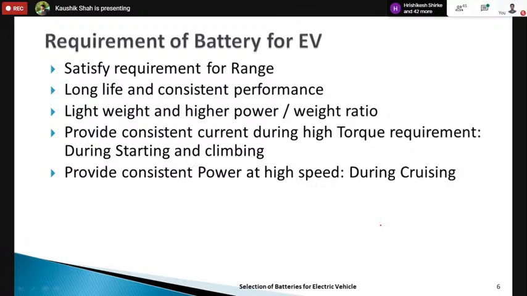Then provide consistent power. This is also there in the drives, and it is required back to back as a battery. The battery is supplying the demand of the powertrain. Easy replacement of the faulty cells, right? Once you understand that, it is not just that you put the battery on a vehicle and then relax.